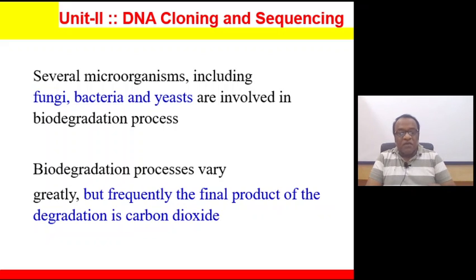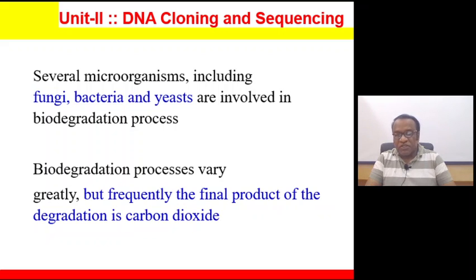Okay. Biodegradation processes vary greatly, but frequently the final product of the degradation is carbon dioxide. So the organic material can be degraded aerobically, in the presence of oxygen, or anaerobically, in the absence of oxygen.